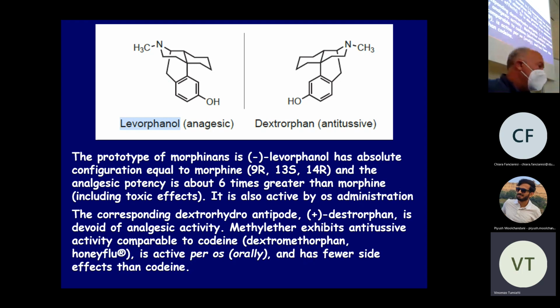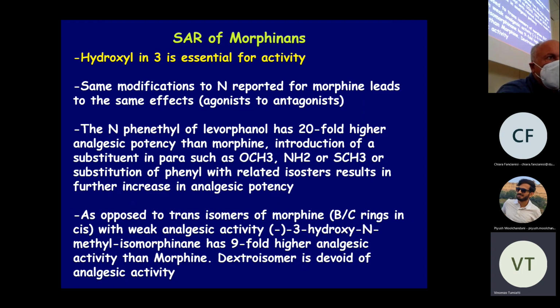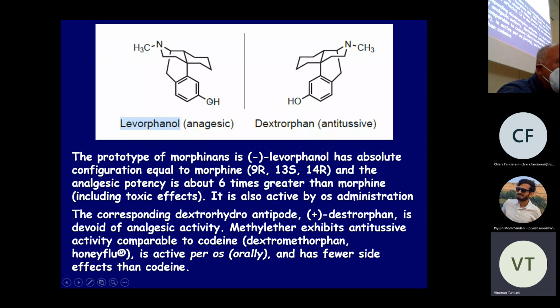But sometimes there are some examples of cough during the night in children. And so you can use this type of compound just to block the cough during the night, and so the children sleep, and so also the parents stay better. Once again, in this class, the OH, the phenolic group, is essential, is important.